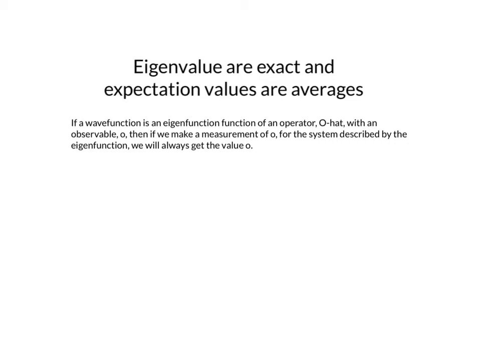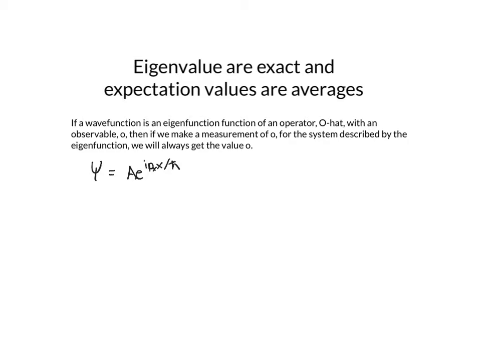And so let's see how this works. Let's do a couple of examples because this is such an important concept. Let's imagine that our eigenfunction is a plane wave, equal to e to the i p sub x times x over h bar.